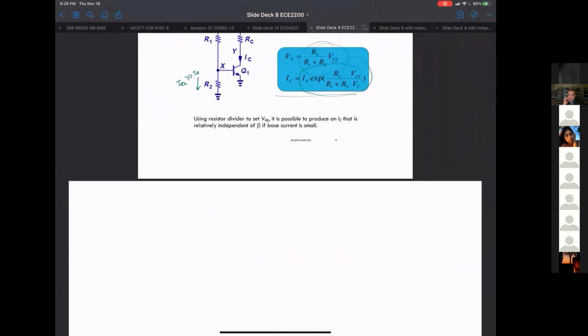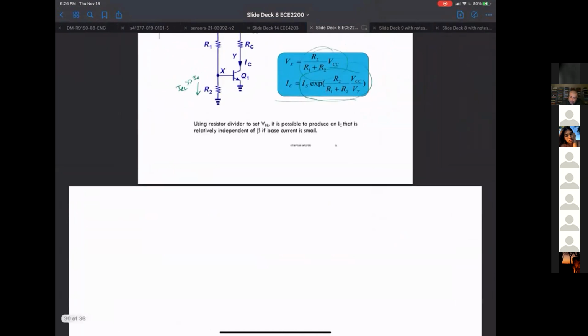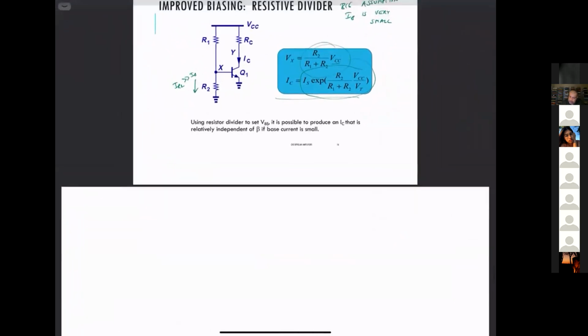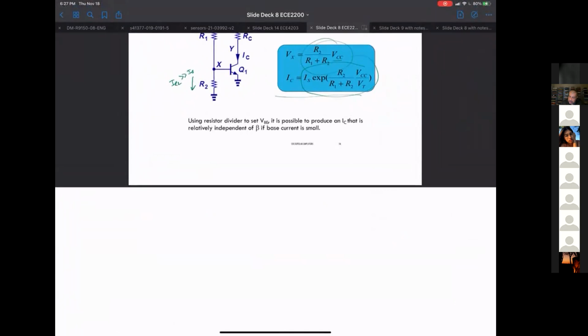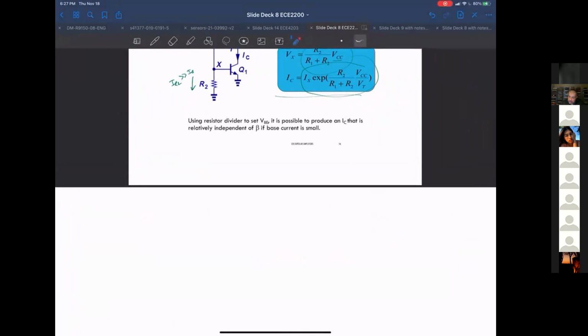Okay, so let's do an example. This is example 5.8 out of your book.